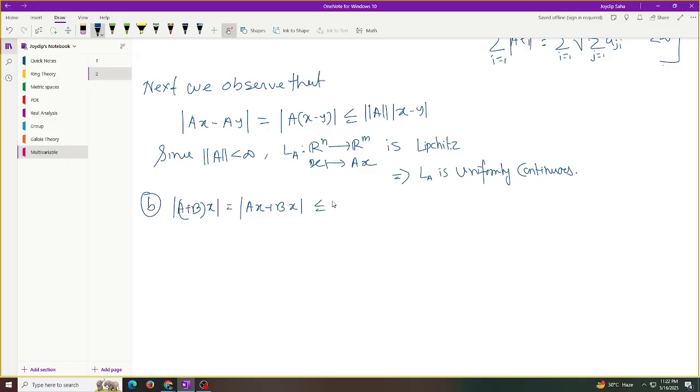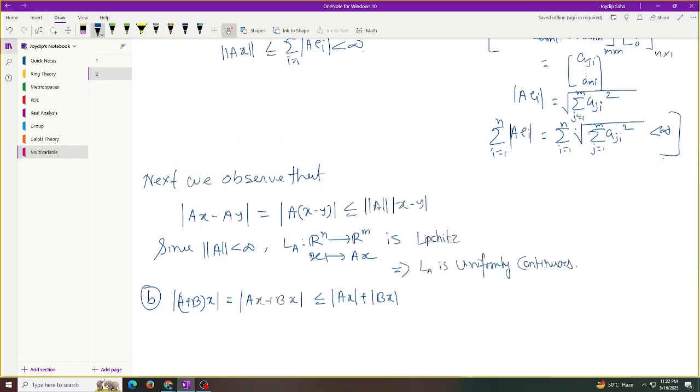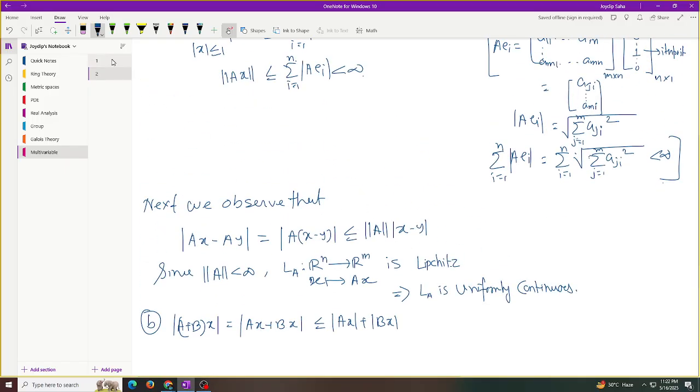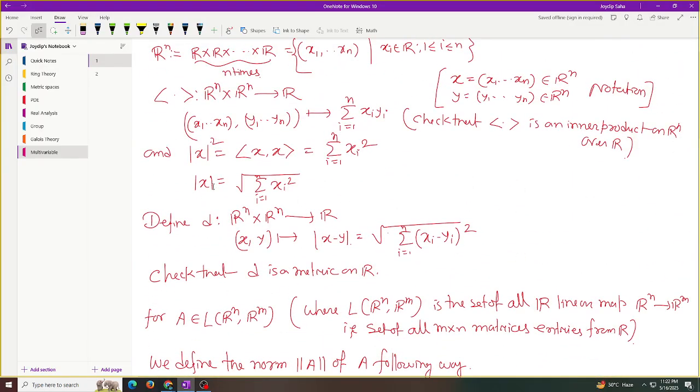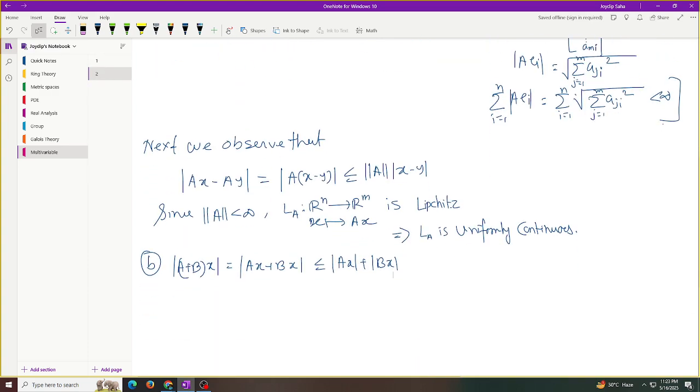So we have this defined a norm, the modulus of x, root over summation i equals 1 to n whole square, that is your check. Okay. So here we have the triangle inequality.